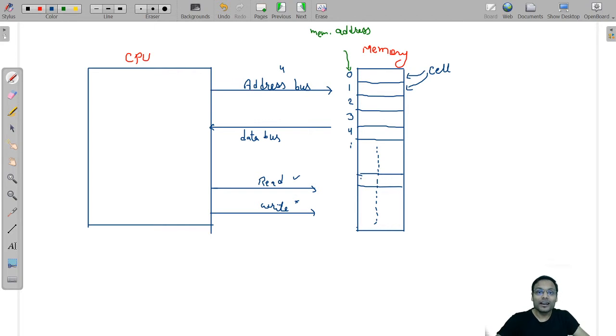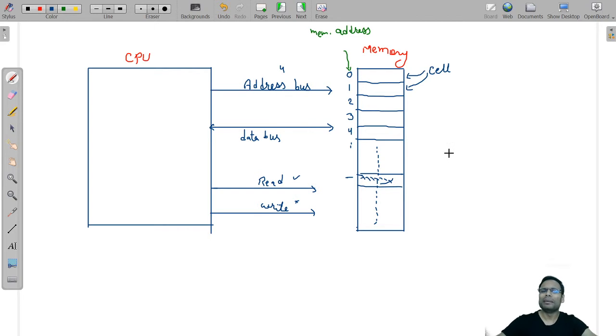Memory will ask what data to write. So CPU will send the address and the data also to memory, through this data bus, so that this data can be written on this specific address.